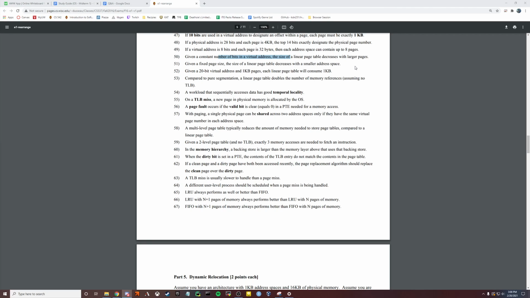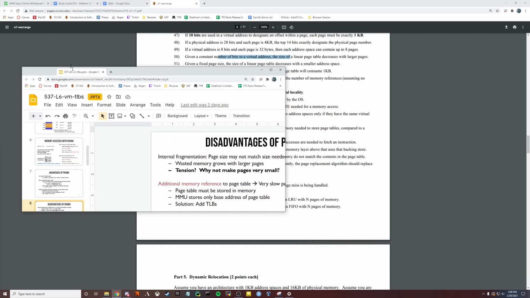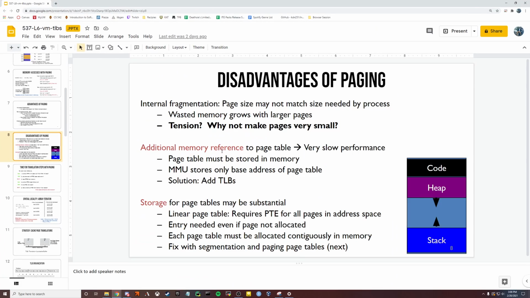If you look at slide 8 from lecture 6, there she drew a little diagram. Okay, lecture 6, slide 8, you said? Yep, lecture 6, slide 8, disadvantages of paging.